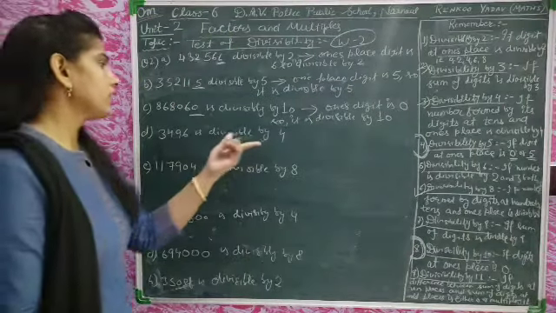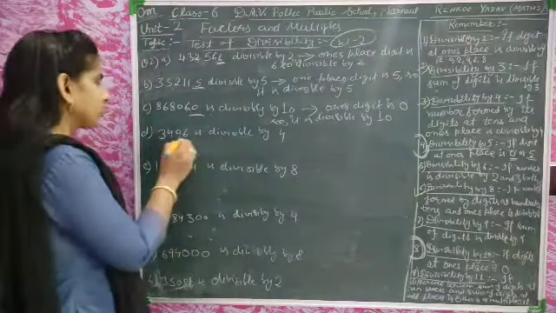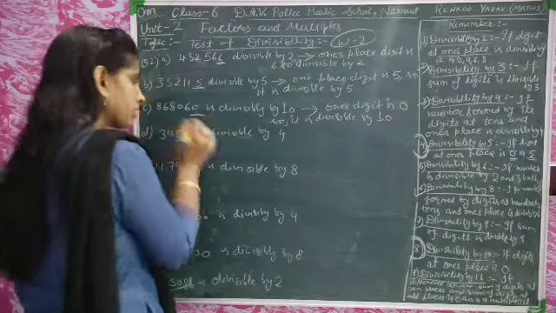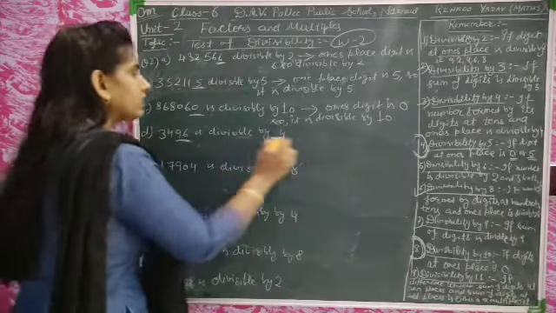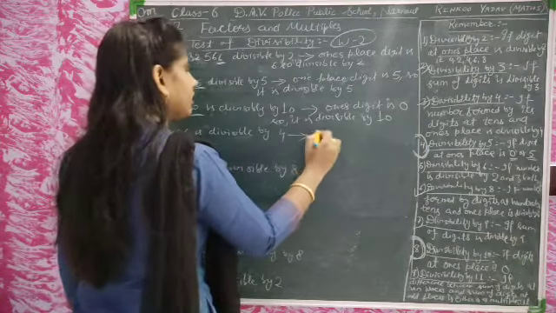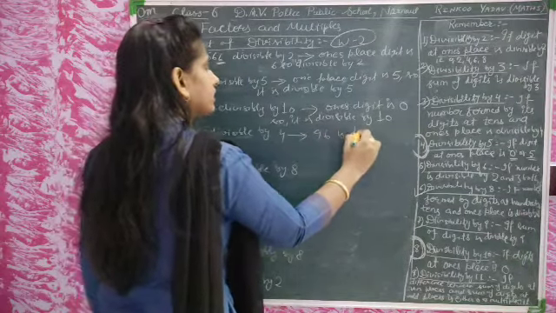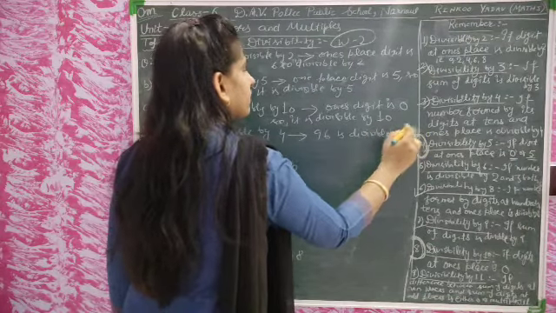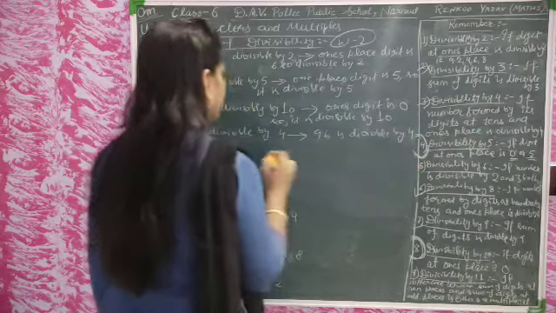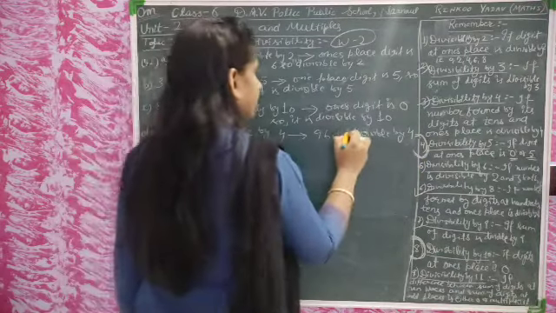Now there is divisible by 4. Last 2 digits divisible by 4. Yes, 96 divided by 4, written here, 96 is divisible by 4 exactly.